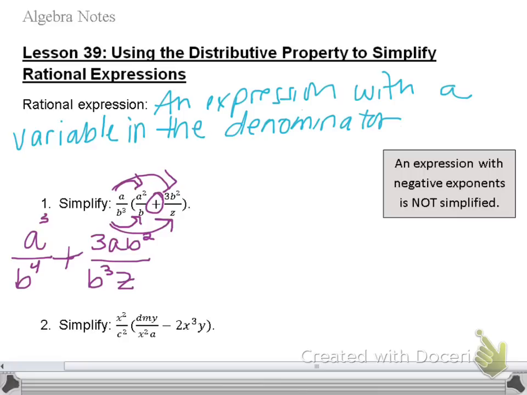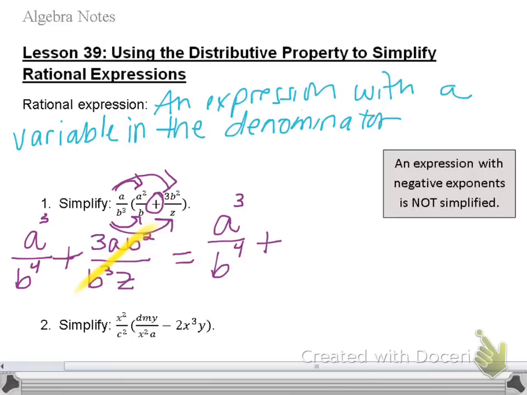Now looking at this example, our last step here is to see if there's anything that can be canceled. So in the first term we have a cubed over b to the fourth. So there's nothing that can be canceled there. So that's going to stay the same. A cubed over b to the fourth. Plus, in the second one, we have b's in both the numerator and the denominator.